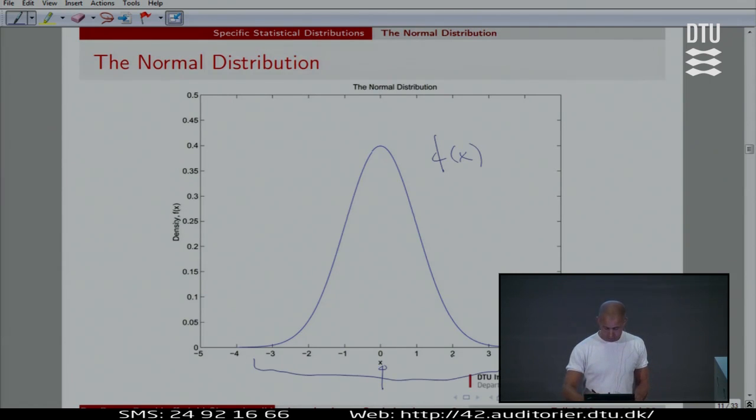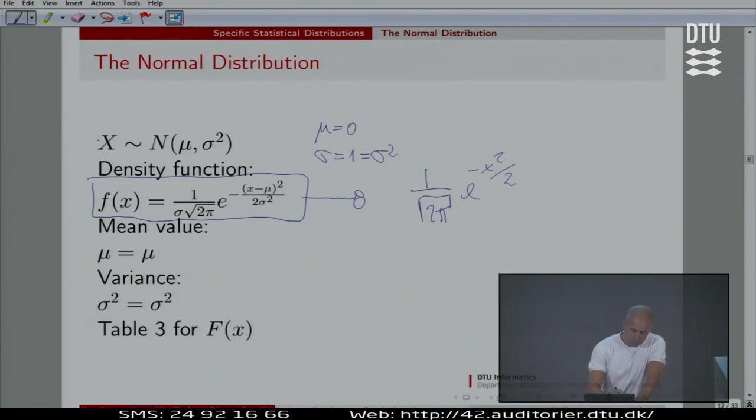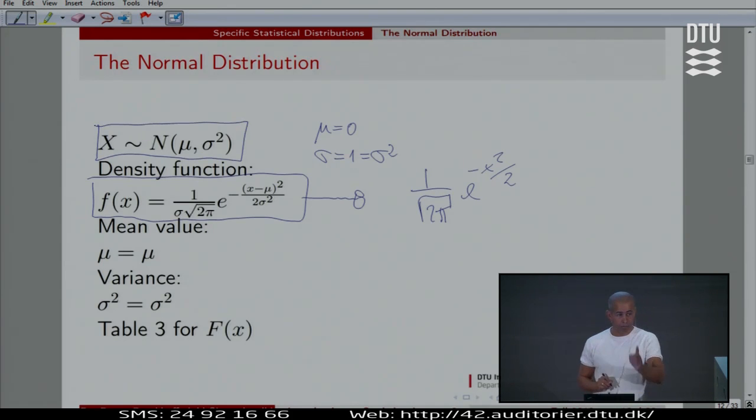It goes down to 0, and when we pass 3, 4, or something like that, it's down almost at 0. It never becomes negative, but it has an asymptote, it goes to 0 like that. That's the function. We have this way of expressing it, and it's not actually put explicitly in the book, so pay attention to it because we're going to use that throughout.